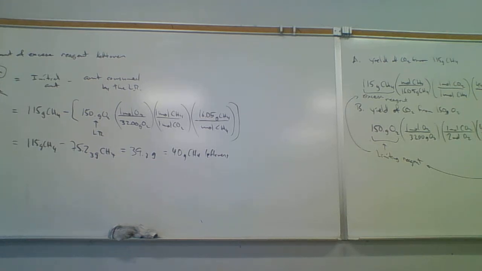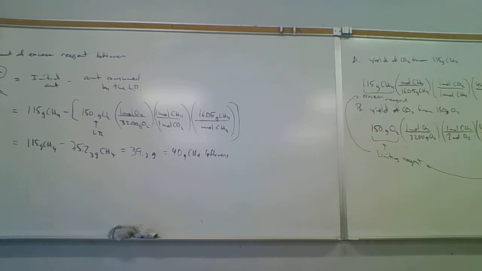Now, how many frames will I have left over? Well, the number of frames I'll have left over will be the initial, which is 30, minus the number consumed by the limiting reagent. The limiting reagent is 20 tires.